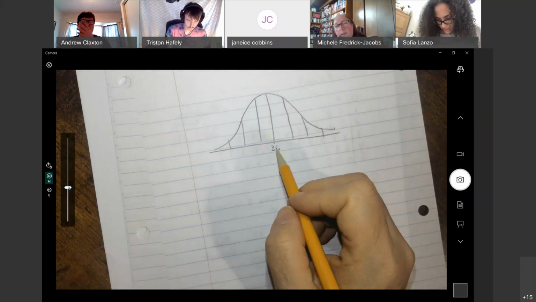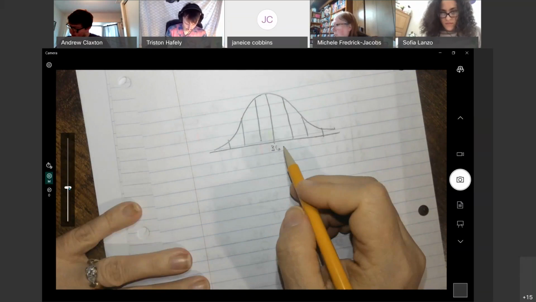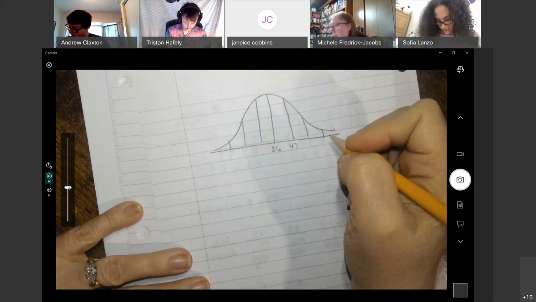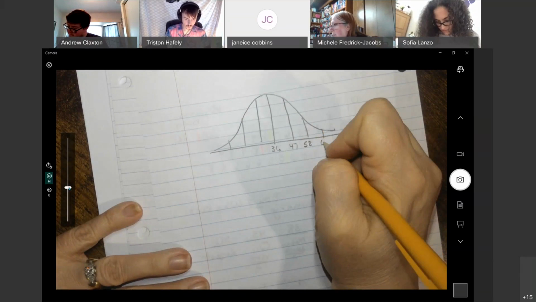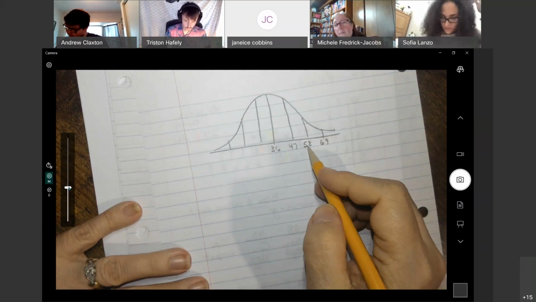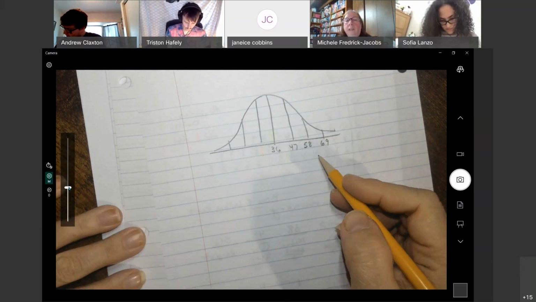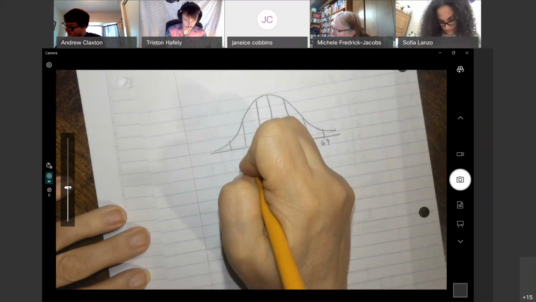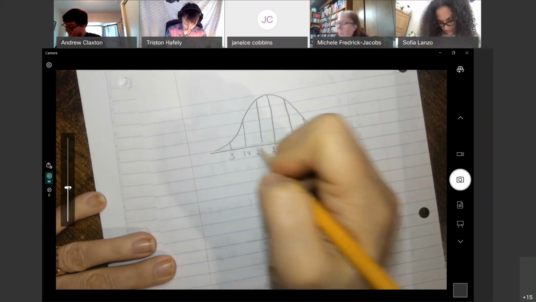So the mean is in the middle, and then we count by that standard deviation, which was 11. So 36 plus 11 is 47. Plus another 11 is 58, and one more is 69. So going this way, we add your standard deviation, which is 11. Going the other way, you subtract: 25, 14, and 3.